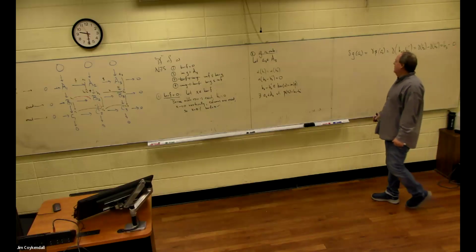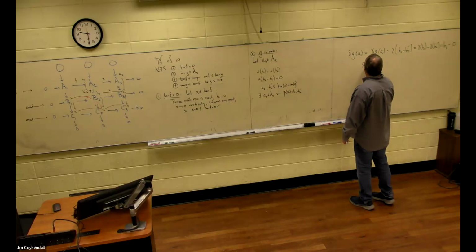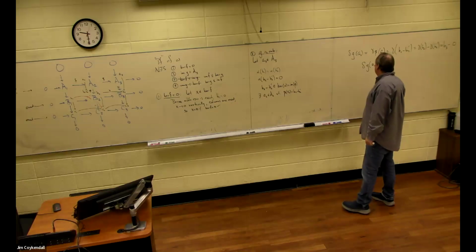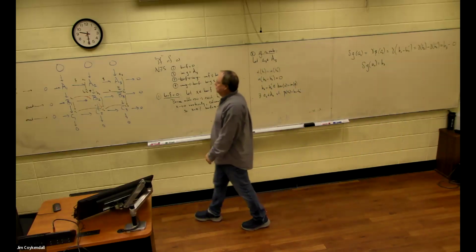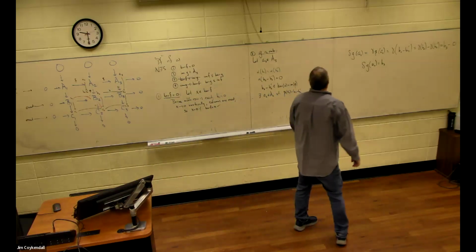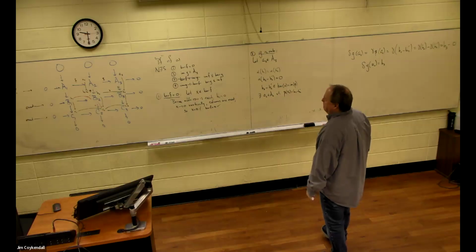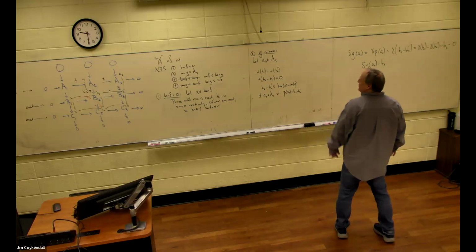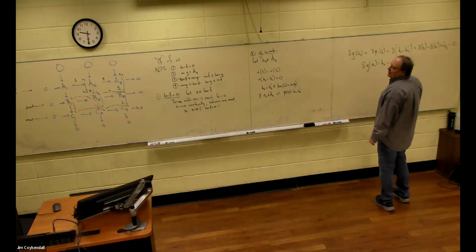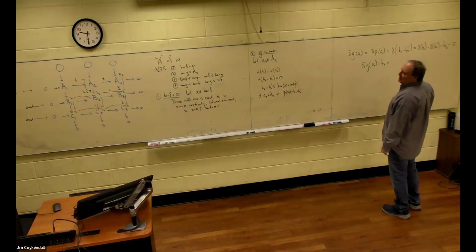So let's see what we have here. We have delta of A2 is B3. And this is also, B3 is also delta of A3.